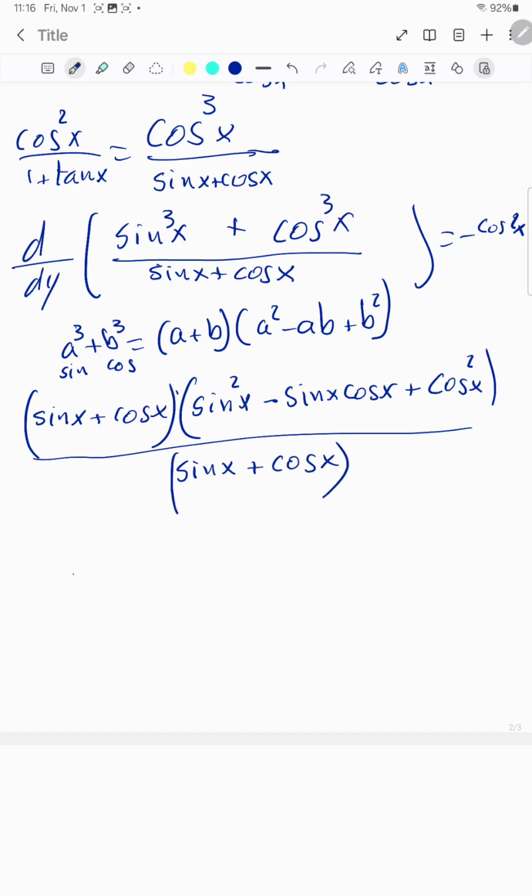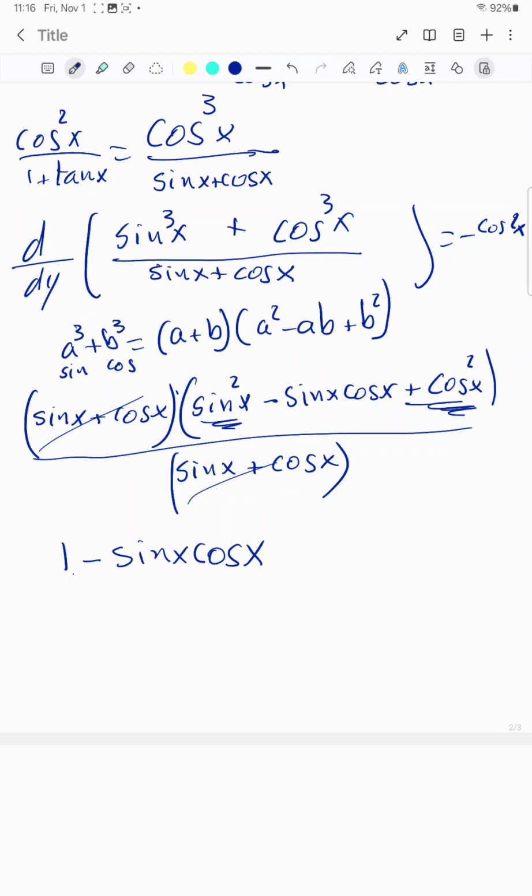But I know I have multiplication in between parentheses. I can simplify this and this. And I know again that sine to the power of 2x plus cosine to the power of 2x is 1. So I can replace all that by 1 minus sine x cosine x. It's getting to a better solution to work with.